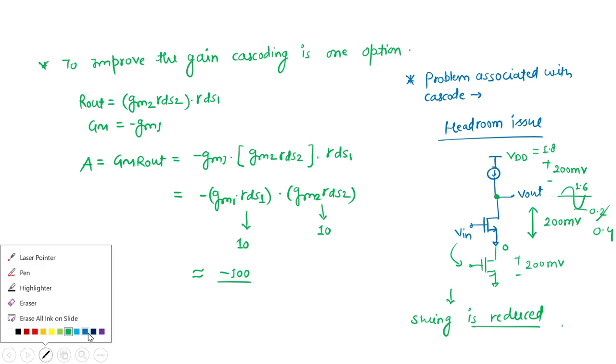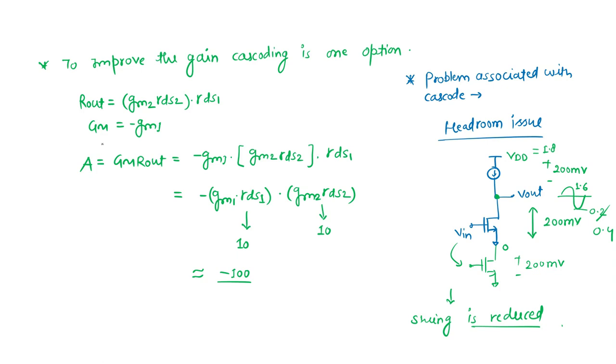So again, one question comes. This was the problem: when we are cascading the devices, we cannot go much lower at the output.